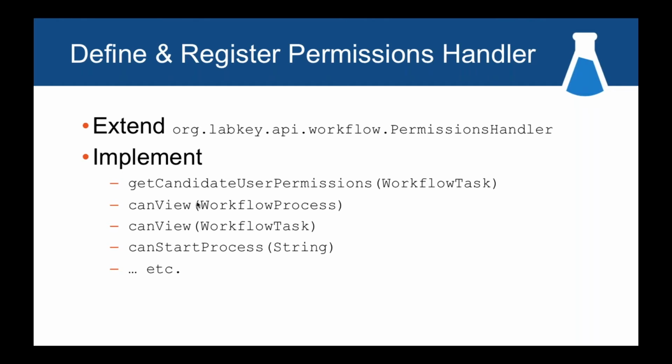One method, for example, is for a particular task, who are the candidate users, or what are the permissions that a candidate user must have in order to perform that task. That's one that you will probably want to override. And then there's who can view this workflow process, who can view this workflow task, and who can start a process.